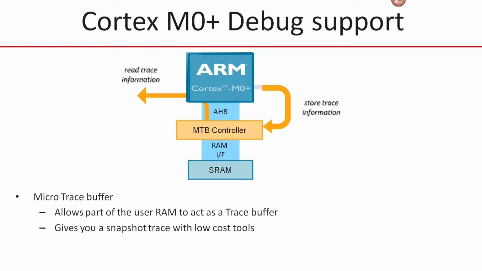There's one other kind of debug trace unit that's available on the Cortex processors. This is on the Cortex-M0 Plus, one of the smaller Cortex cores, and it implements a different kind of trace unit called the micro trace buffer. So when you use the micro trace buffer, you take a small area of the internal SRAM, and that is dedicated for debug use as a serial circular snapshot trace buffer.